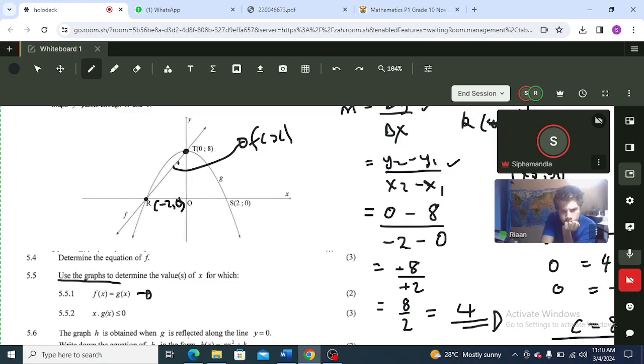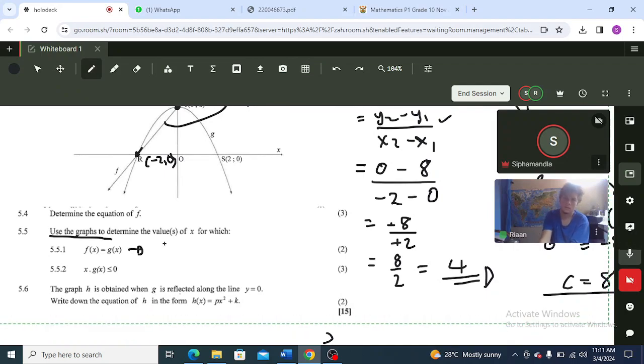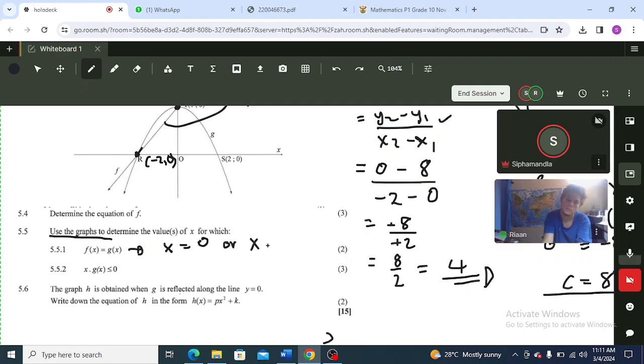So at this point over here and over there, these functions are equal. So from the graph, x equal to 0 or x equal to -2. This is where these two functions are equal.